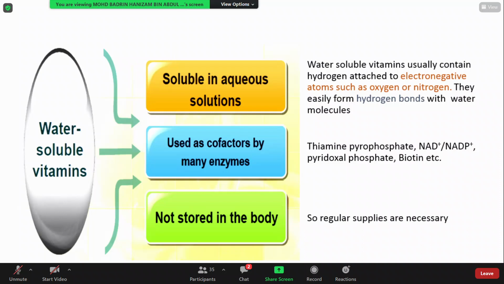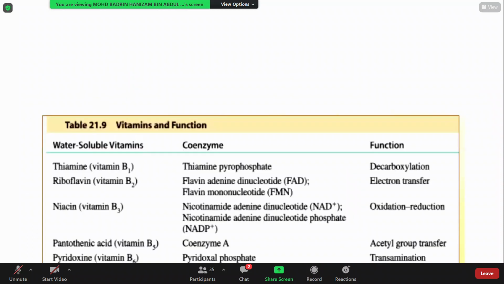During the pandemic of COVID-19, we have been advised by doctors and physicians that we need to take a vitamin C supplement every day, as high as 1,000 milligrams per day, in order for our body to have these antioxidant properties to fight this virus. So that's why we need regular supplies of this vitamin, because they are not going to be stored in our body.